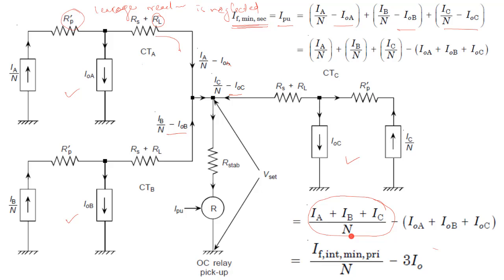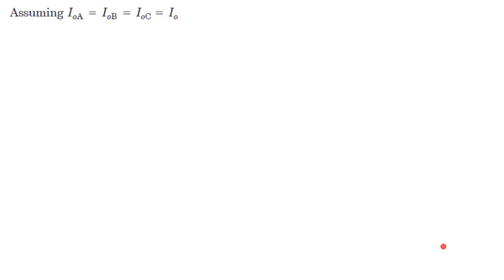So I can substitute IA plus IB plus IC as the internal fault current reflected in the primary side, divided by N, minus 3 IO, which is equal to your I per unit.